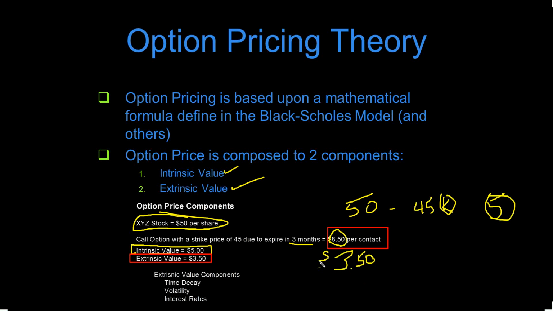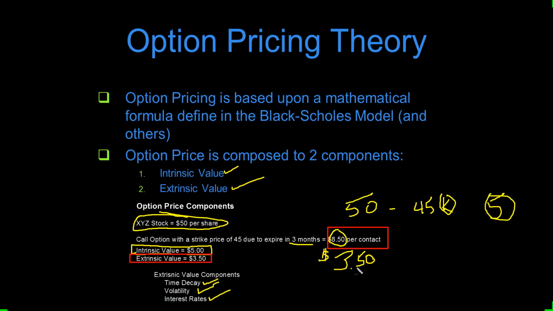So that means that is subject to a whole number of different things that affect option price. 1, time decay. 2, volatility. 3, interest rates, and I'm not assuming dividends right now.